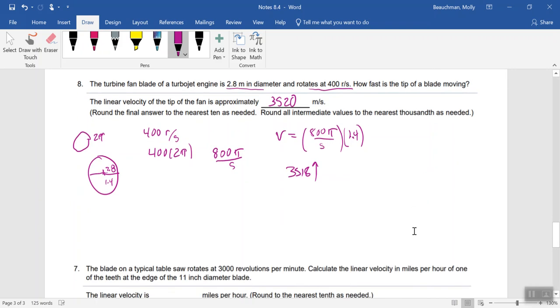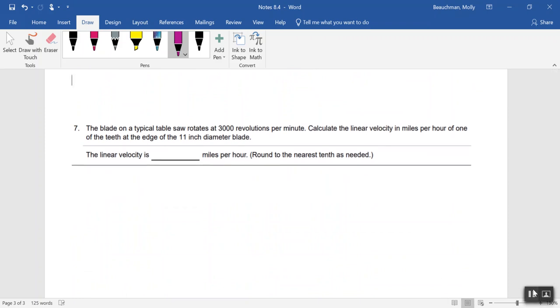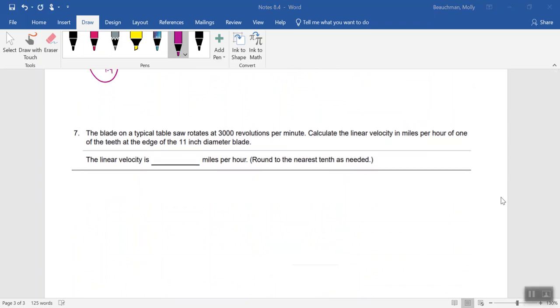All right, our last example. A blade on a typical saw rotates at 3,000 revolutions per minute. Calculate the linear velocity in miles per hour of one of the teeth at the edge of the 11-inch diameter blade. So we have a blade with an 11-inch diameter, which means that the radius is 5.5 inches. We want to figure out the angular speed first.